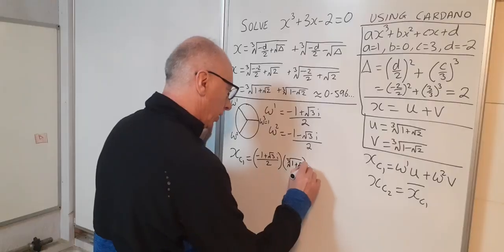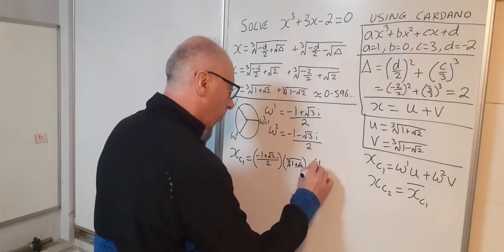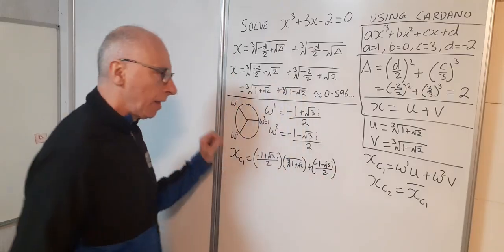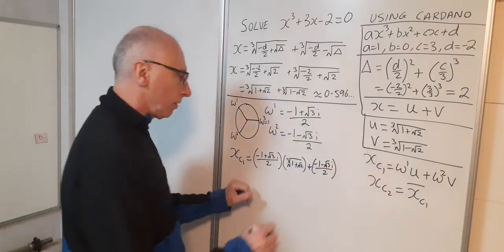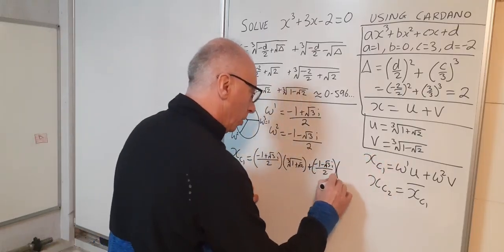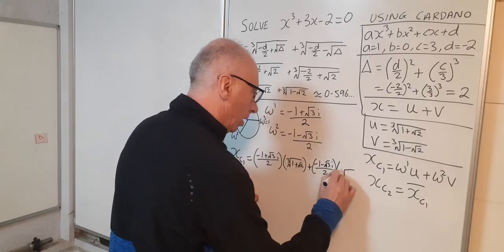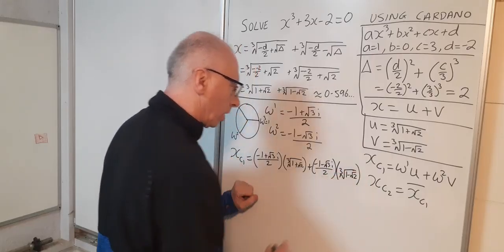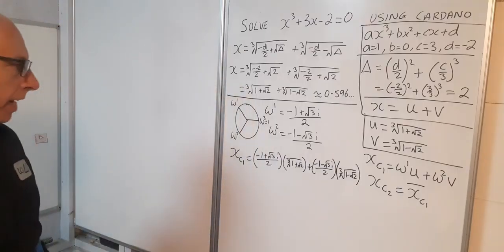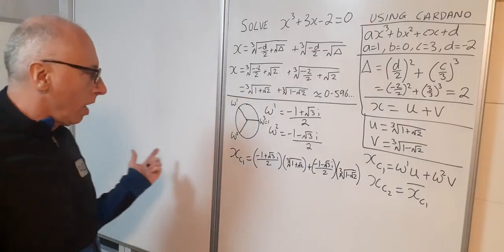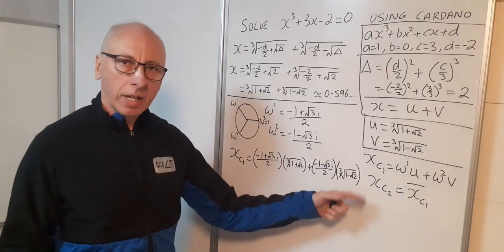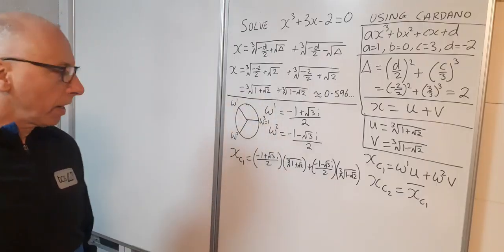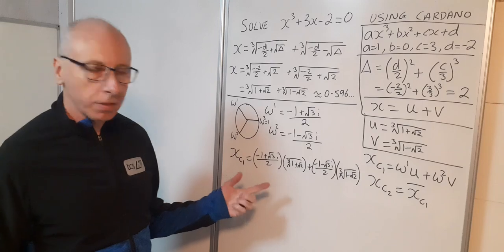So I add minus 1 minus root 3i all over 2 and multiply that by v, which is the negative version of this one. So multiply that by cube root of 1 minus root 2. Okay, so now I can try and calculate what these are. Now that is the format I'm going to leave for my real solution.